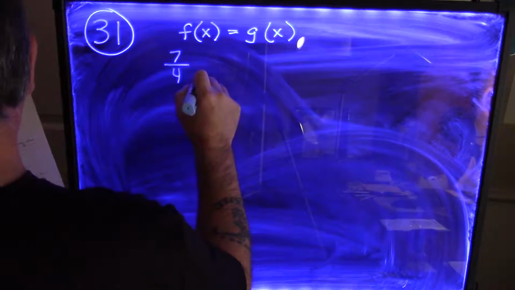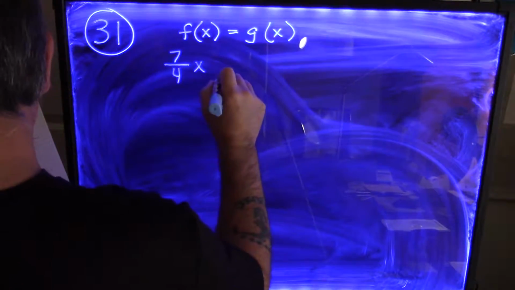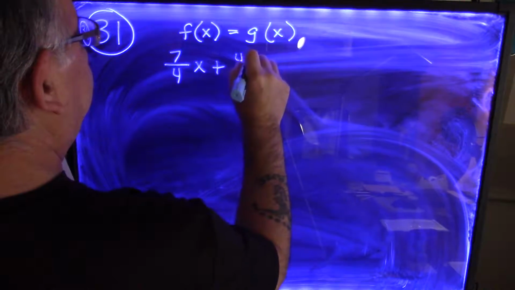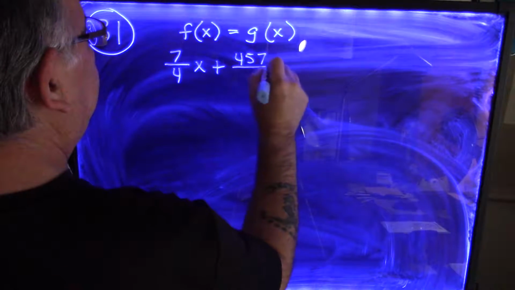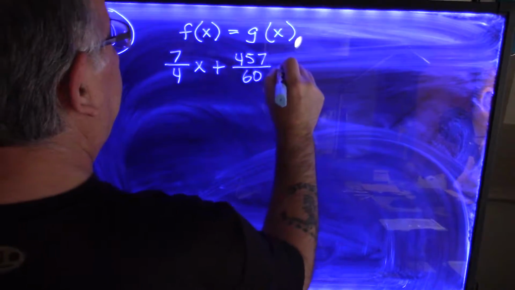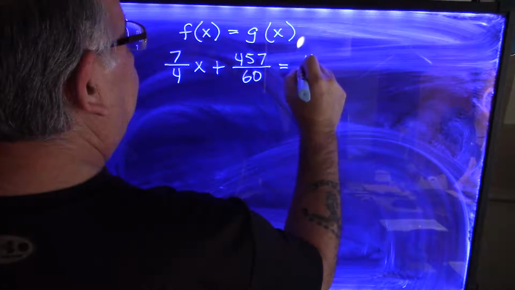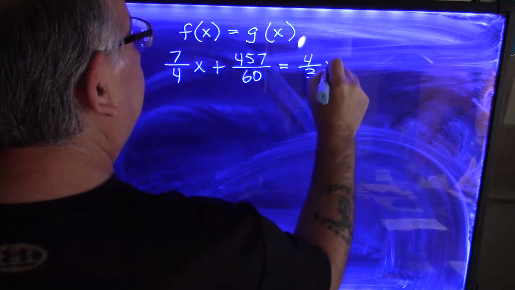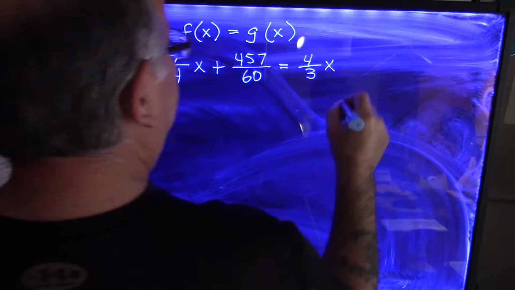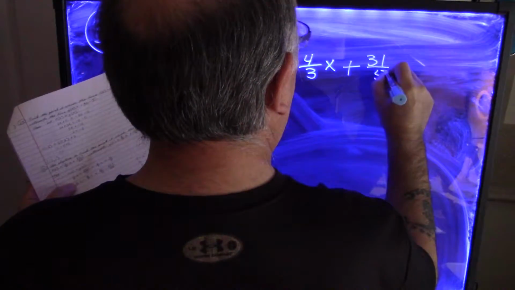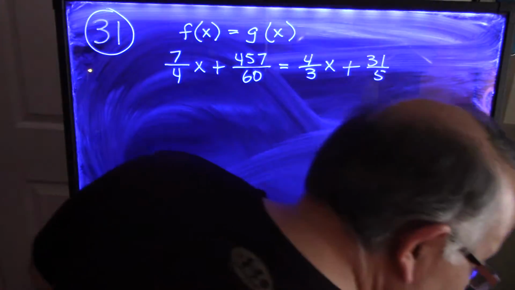We have 7/4 x plus 457 over 60 is equal to 4/3 x plus 31/5. Okay.